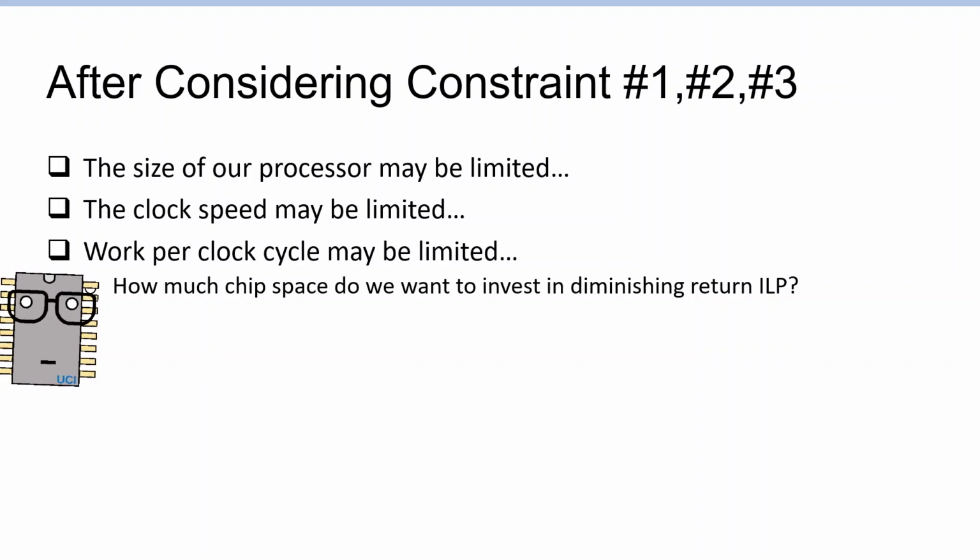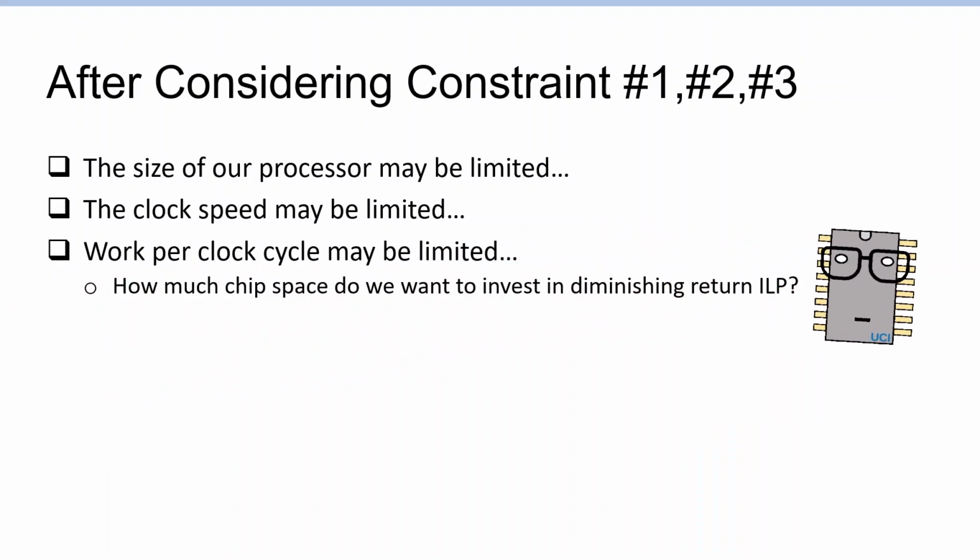If we add more chip resources in terms of implementing things like pipelining, more execution units per pipeline, superscalar, if we throw more chip space at each core, we do get more performance per thread, but we do see diminishing returns. So the architectural question becomes, how much chip space do we want to invest in this diminishing return ILP? Because we do want faster single thread performance, but we do want to balance it out.